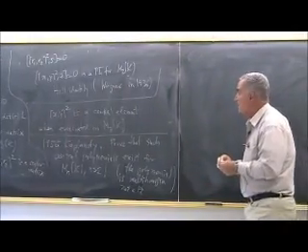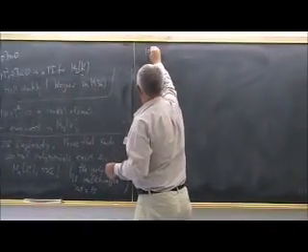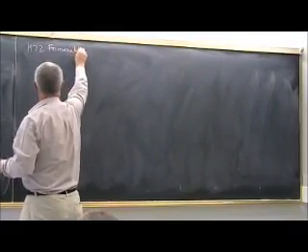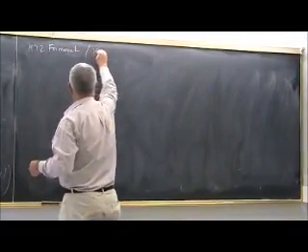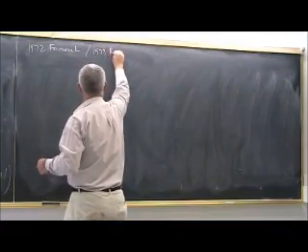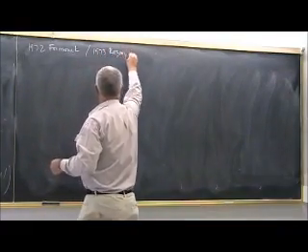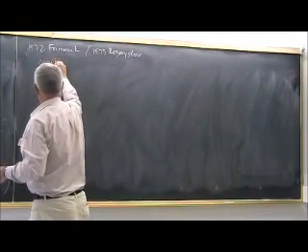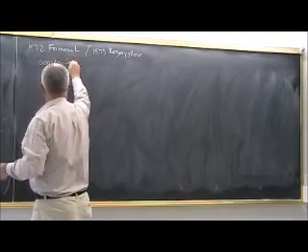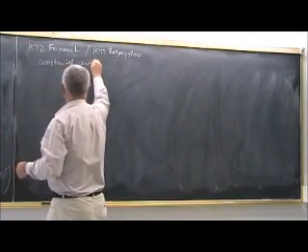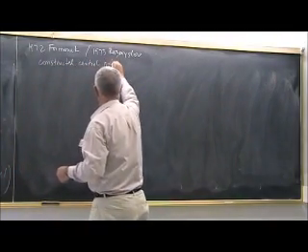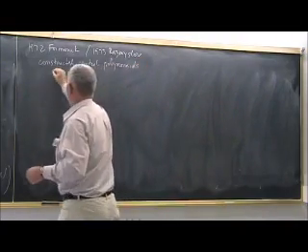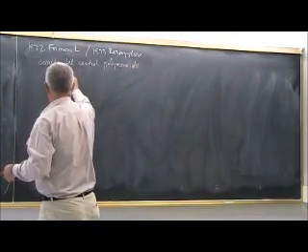And now, in 1972, Formanek and a year later Razmyslov constructed central polynomials for any size of matrices.